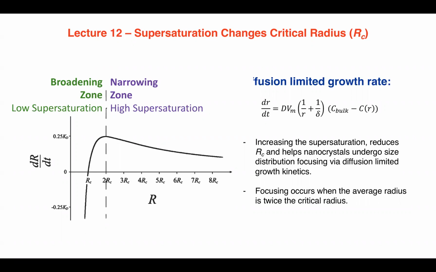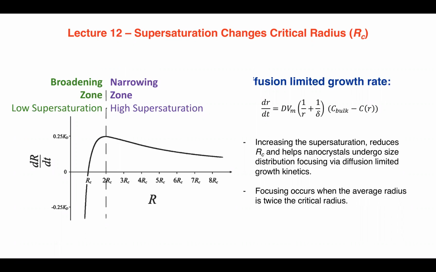And basically, when the solution is very highly supersaturated, the critical radius of this thing shrinks, right? So you have to think about this in terms of picking a particular size, let's say 5 nanometers or something like that, and you change the supersaturation such that the critical radius becomes 1 nanometer, you're way out here on this graph. If the crystals are even larger, they're way out there.